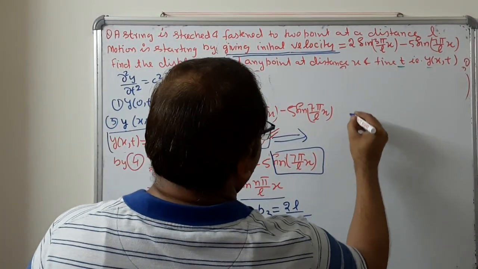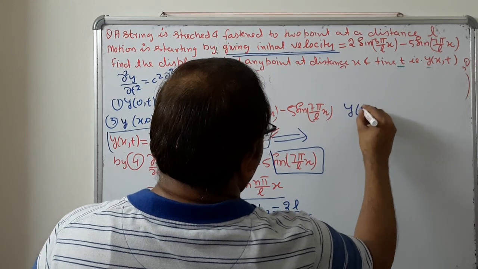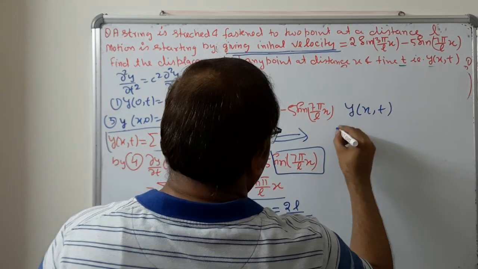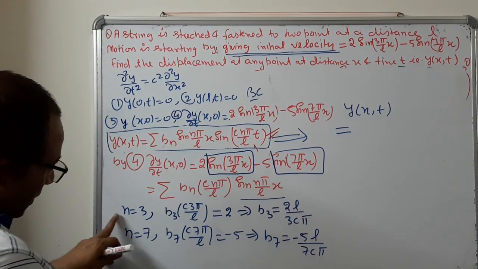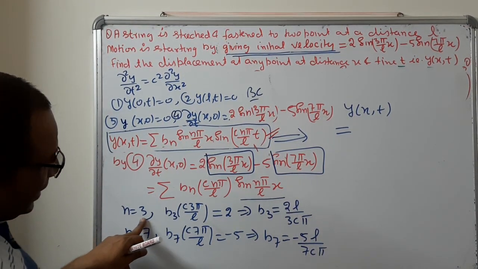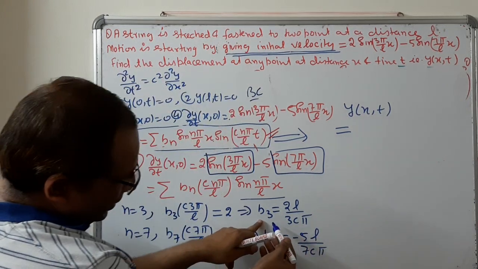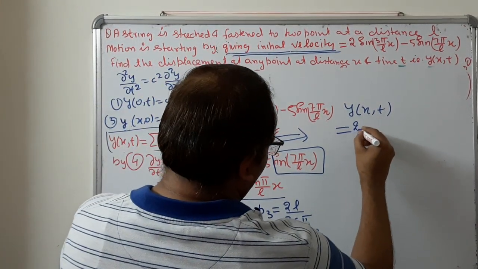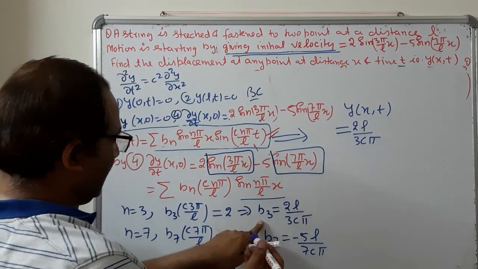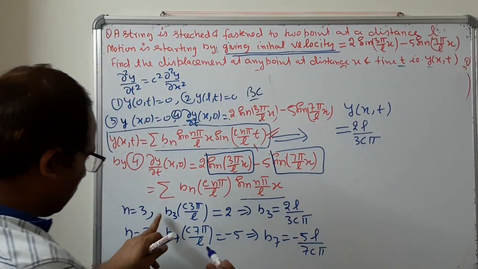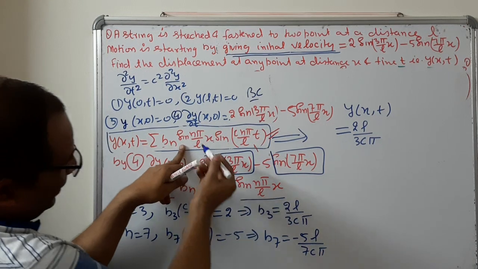So we get y(x,t) is equal to, first is B3, n equal to 3, that means B3. What is the value of B3? That is 2L/(3Cπ), right? And n equal to, what is n equal to? 3. So put here n equal to 3 in this one.